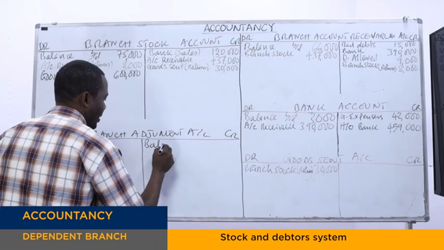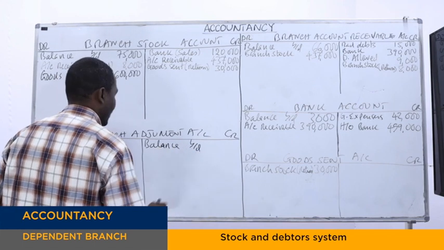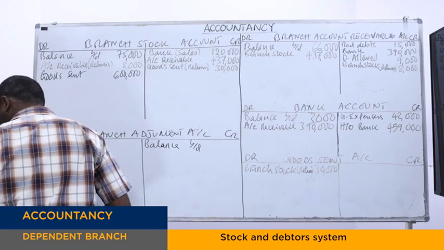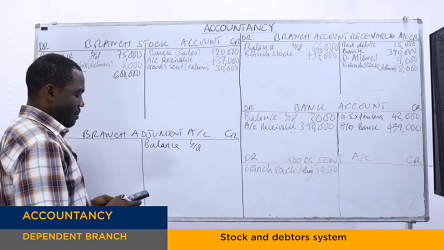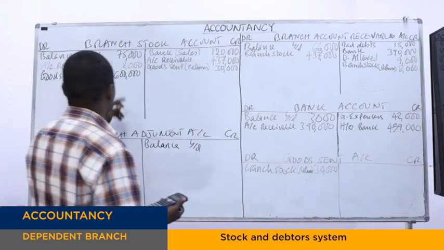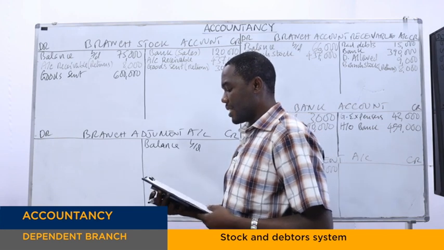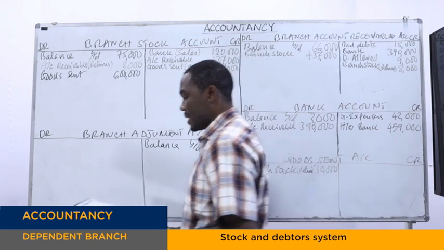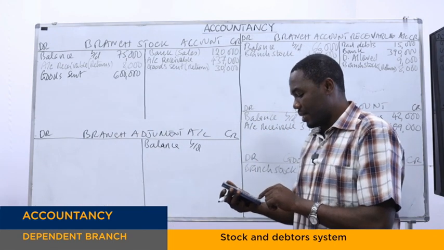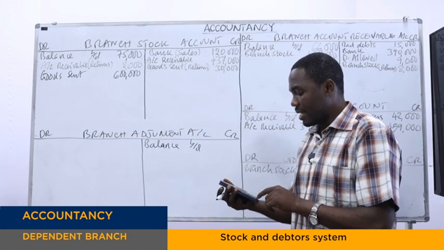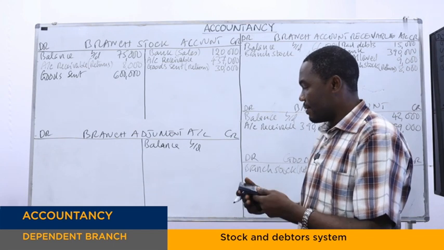That was the balance b/d. If the opening balance was 75,000 and yet it was at transfer price, we need to use the same margin, which is 1 over 3. 75,000 times 1 over 3, which is 25.